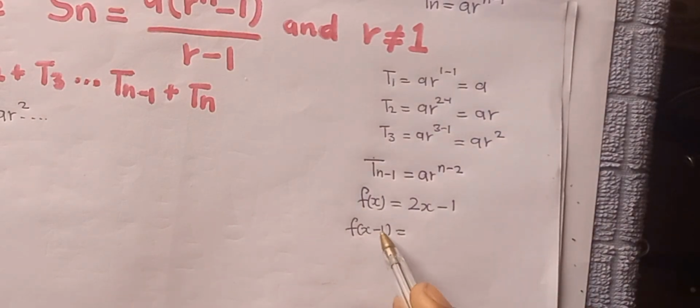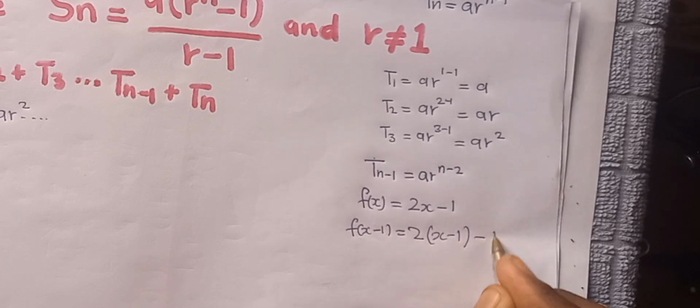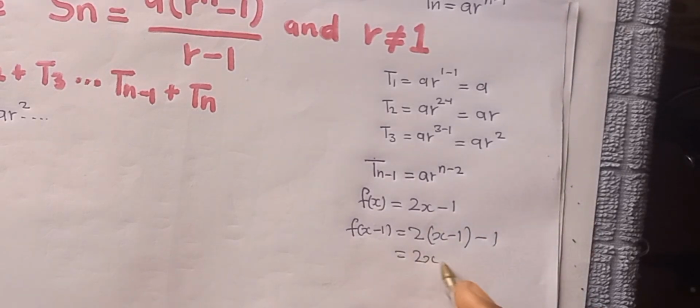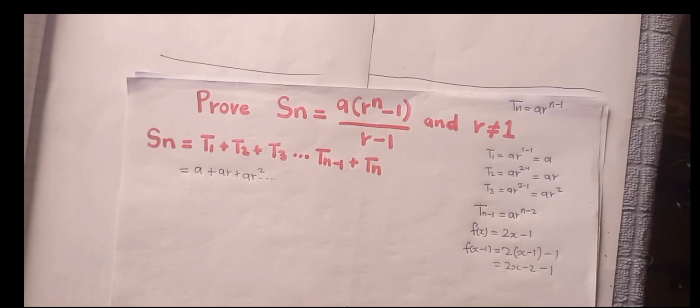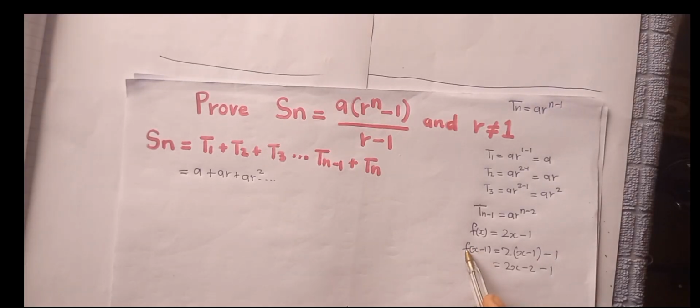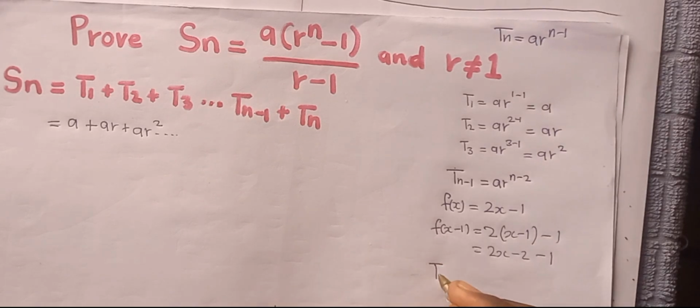What will f(x minus 1) be? You simply substitute x minus 1 in place of x, so you get 2(x minus 1) minus 1, which is 2x minus 2 minus 1, you understand? Then you simplify and find the equation. What I want you to understand is how you find this: you substitute x minus 1 wherever there is x. So it's the same thing here.